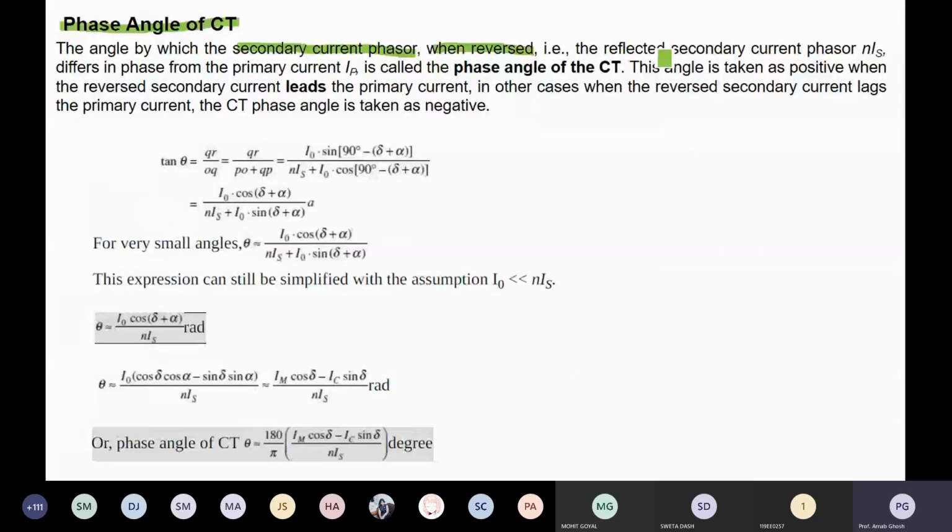So you can see that IS is leading IP. In this figure you can also see the anti-clockwise rotation, and IS is lagging VS by angle beta. You can realize that.